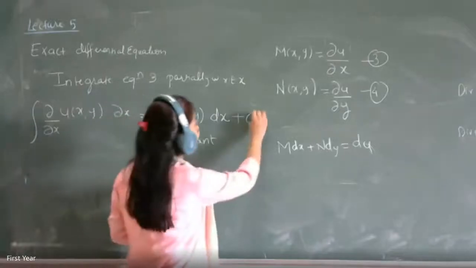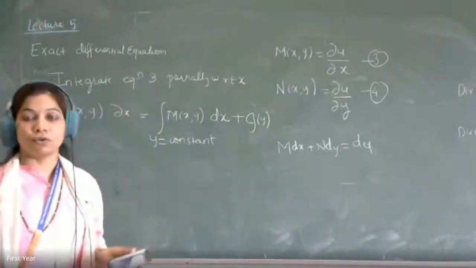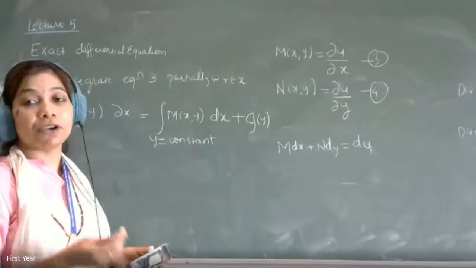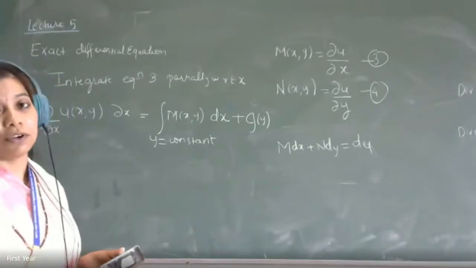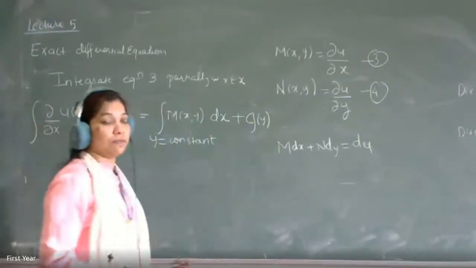So this C is a function of y, which can also be constant. Let it be g(y), a function of y, or it can be constant. Okay? So now finding this g(y) with the help of N is a lengthy process.